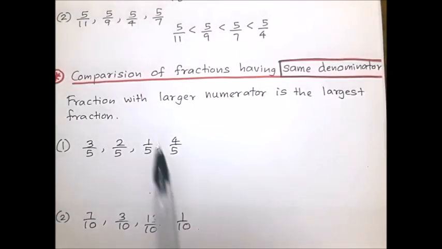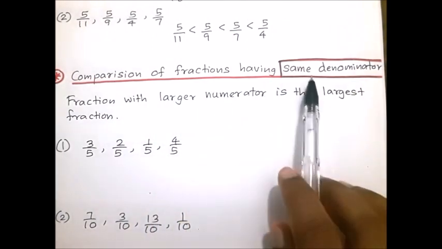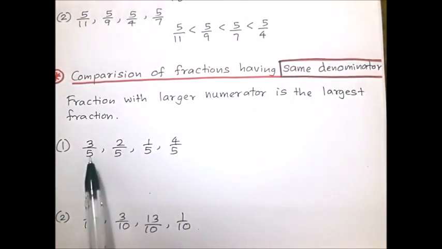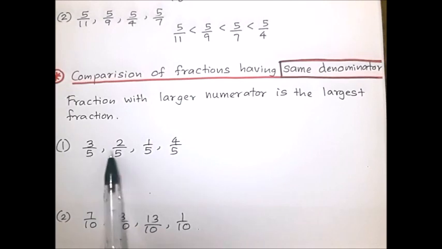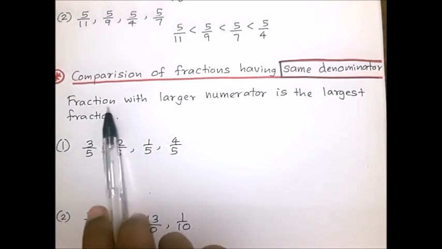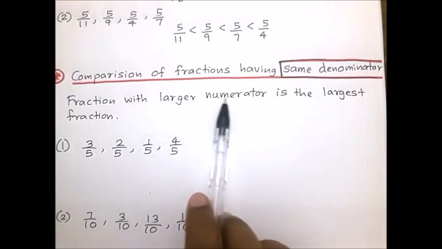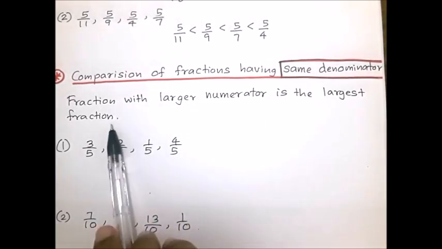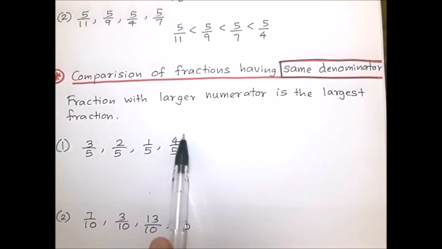Now look at this topic, comparison of fractions having same denominator. Now look at this example. Denominator is always 5. So this instruction says fraction with larger numerator is the largest fraction. Here fraction with larger numerator, this one has larger numerator, is the largest fraction.